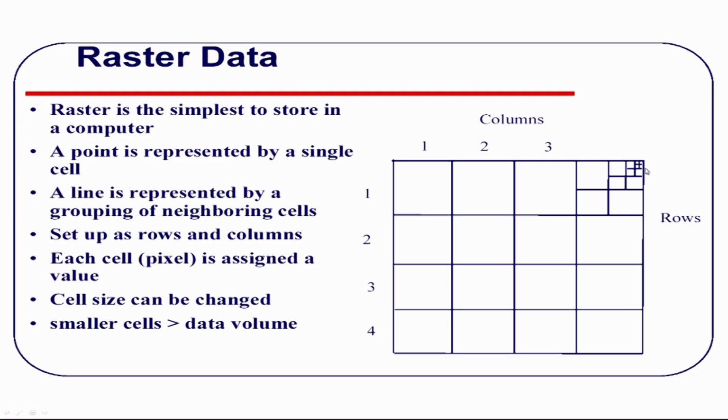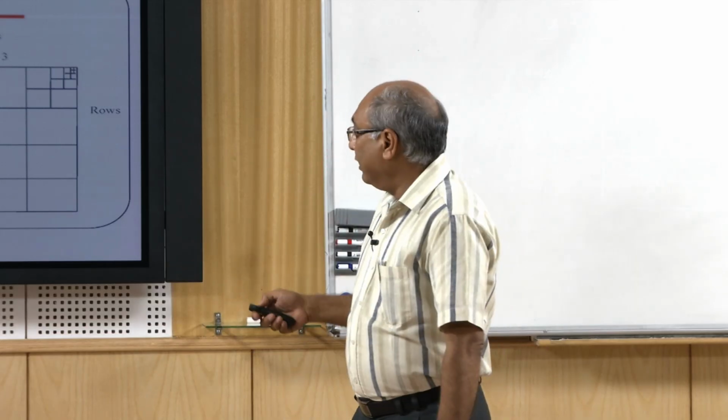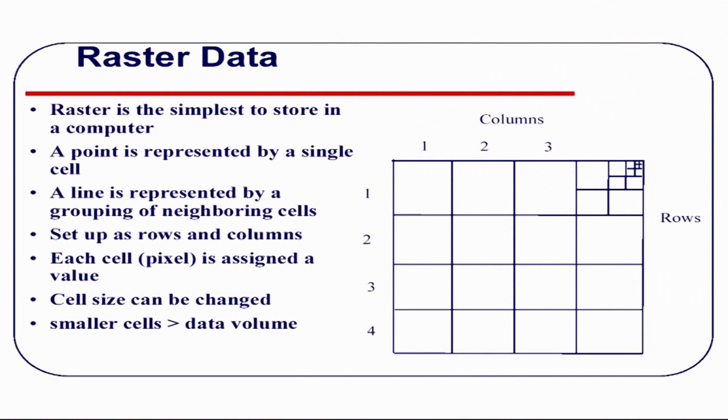Therefore, if the entire grid has cells of this small size, it is going to be relatively higher spatial resolution. But at the same time, with smaller cells the data volume would be very high relative to when the cell size remains like this. So this one has to be kept in mind.